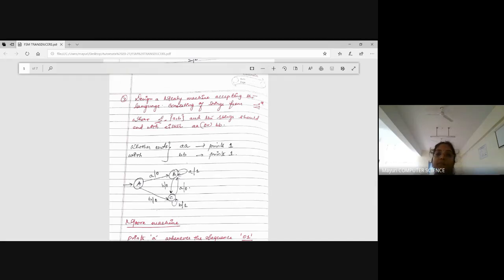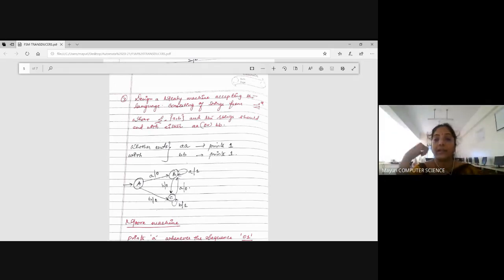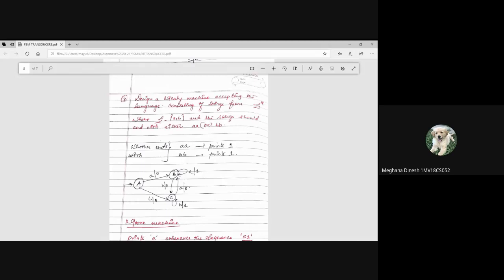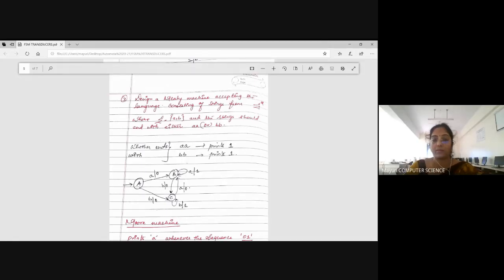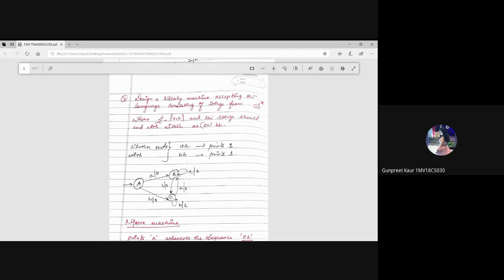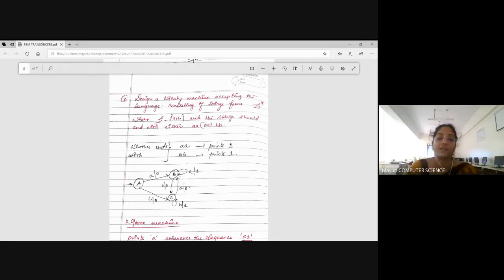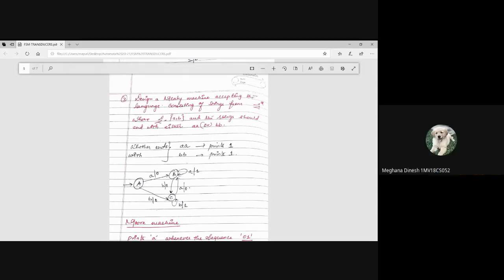Just let me call each. Yes, Nivedita. Meghna. Yes, ma'am. How about others? Gunpreet, yes, ma'am. Are you understanding? Yes, ma'am, I'm understanding, but I don't know why. I was also thinking why you're going to C and why back to B. Okay, that at least you people have to answer, no? Sorry, ma'am. Ma'am, could you please repeat the question?